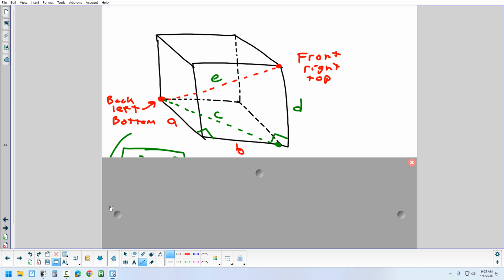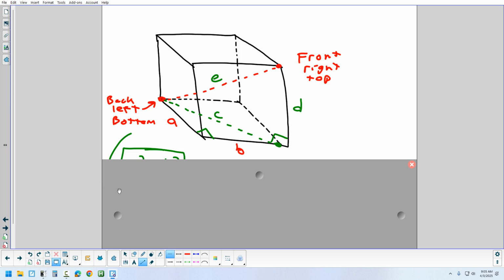So it's the distance across that diagonal inside the box. To figure that out, we're going to have to find something else. A, B, and D would be given to you. That's the length, the width, and the height of the box.